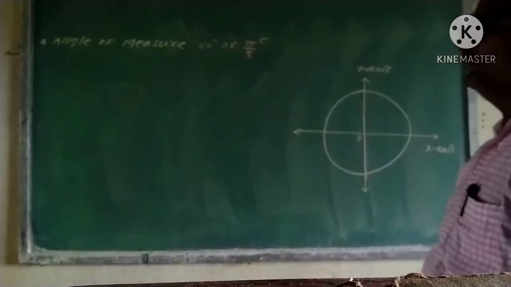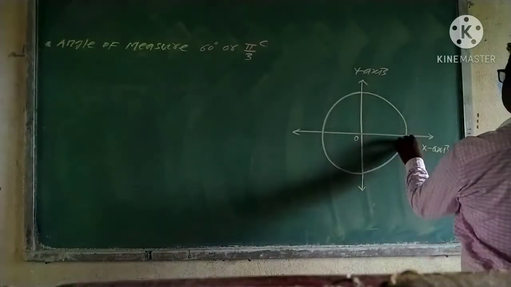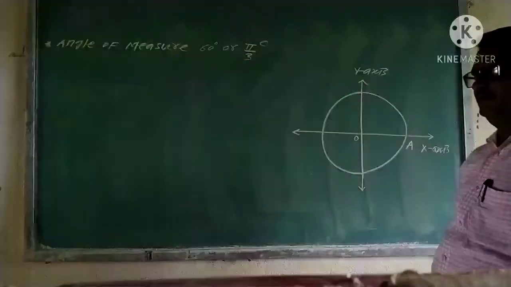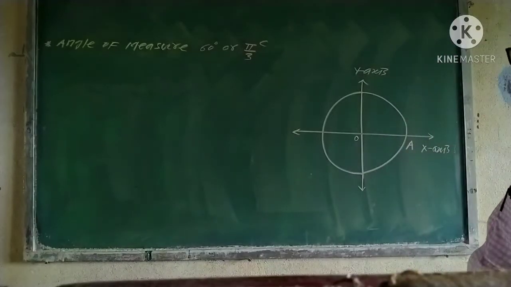We consider that this point is A, which is the common point between the x-axis and the circle.